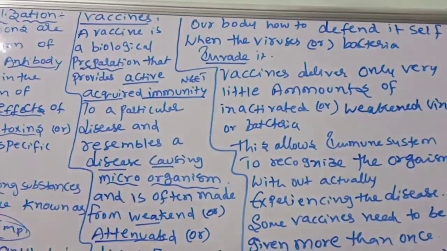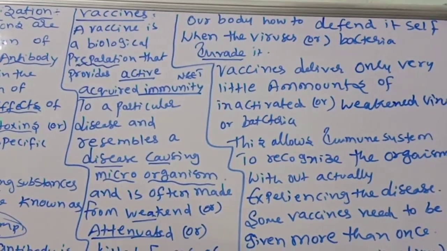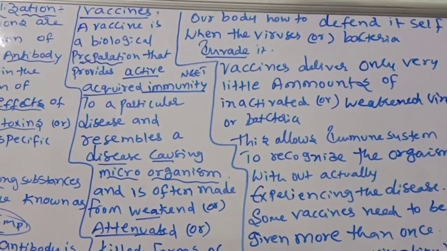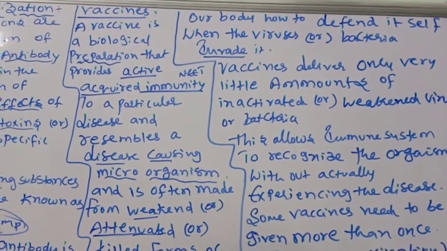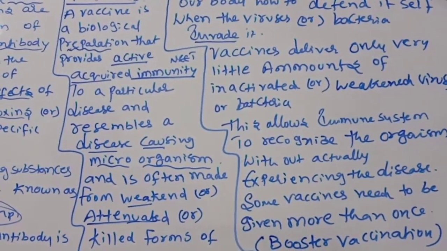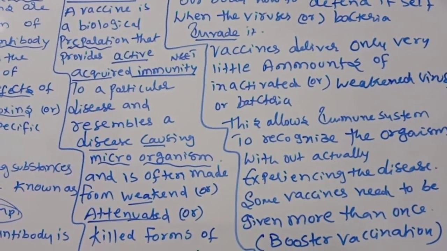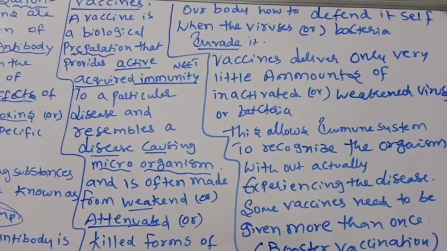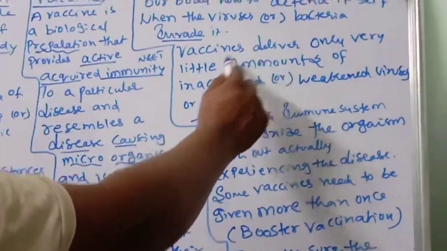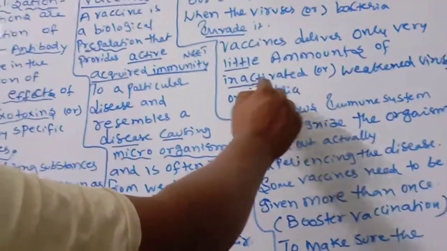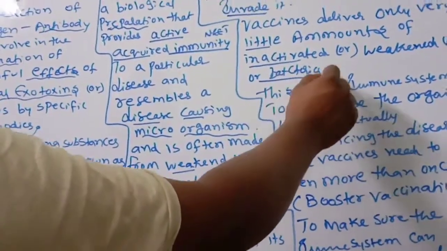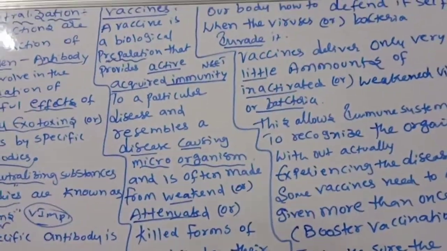Suppose any virus or bacteria invades, the antibodies will start and fight against that virus. That kind of teaching and fighting process is giving information by the vaccine to antibodies. Vaccines deliver only very little amounts of inactivated or weakened virus or bacteria and their parts.